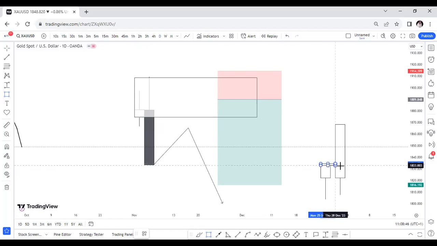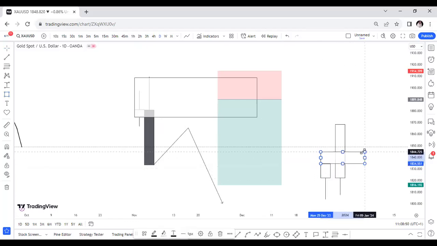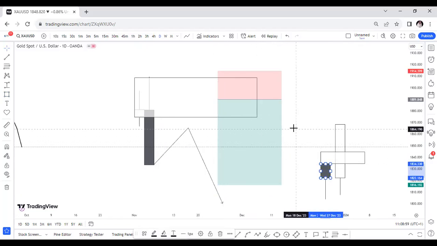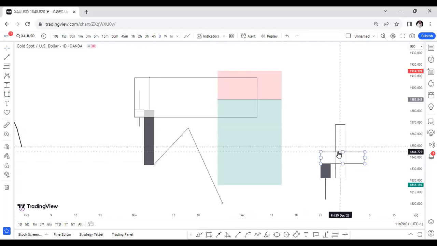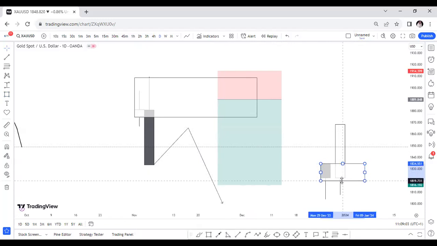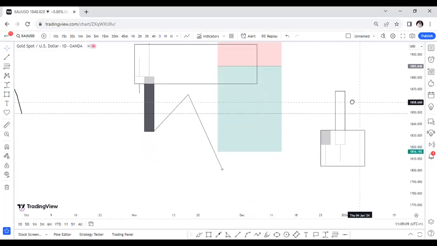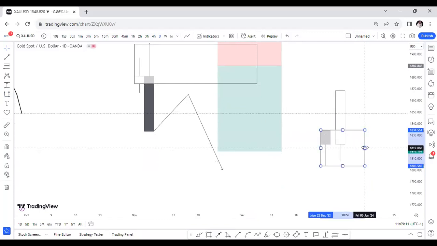You mark from that opening. Let me drag this forward so that you differentiate it. So you start marking from the top of that body to the low of this guy, the engulfed candle. You mark from there to the low of the engulfed candle.